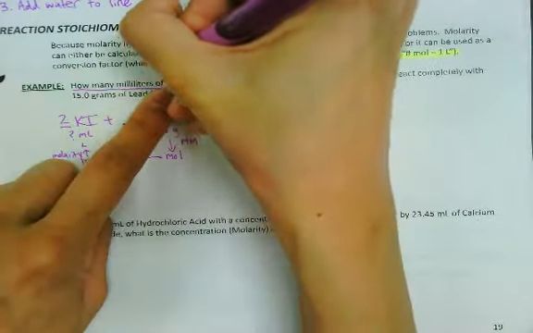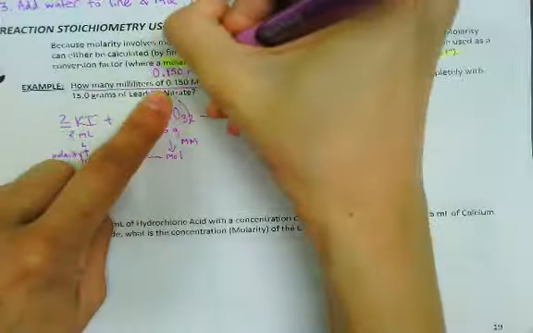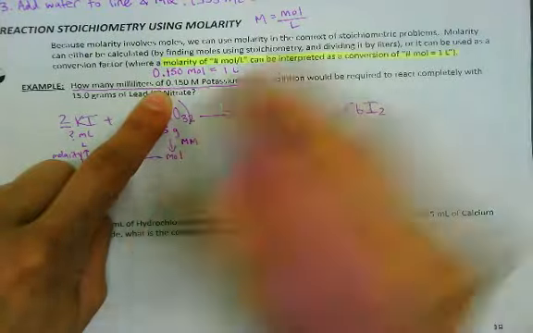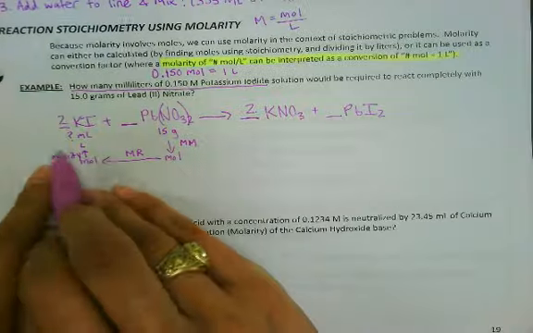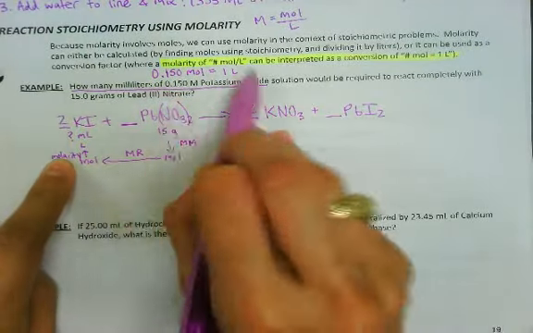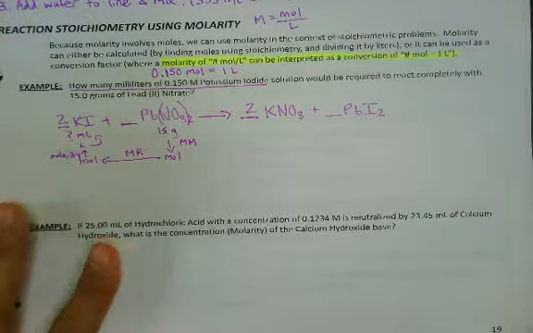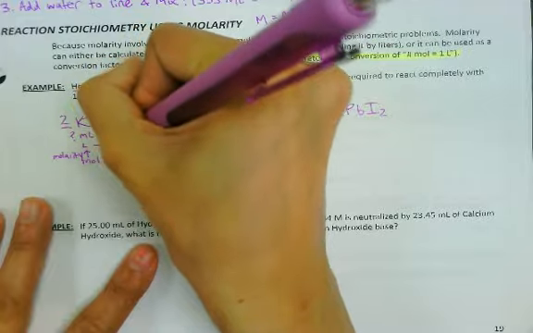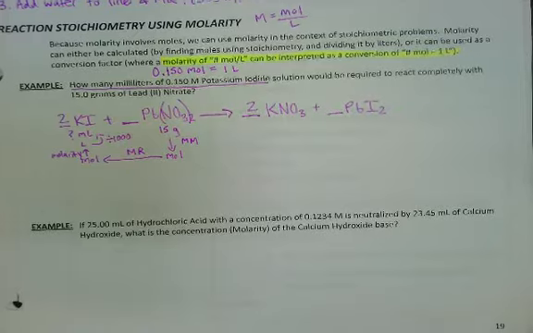This also means the same thing as there are 0.150 moles per 1 liter of potassium iodide solution, okay? That's what that means. So we can go from moles to liters by using this conversion factor, and then we know we can get from liters to milliliters by dividing by 1,000. Okay?